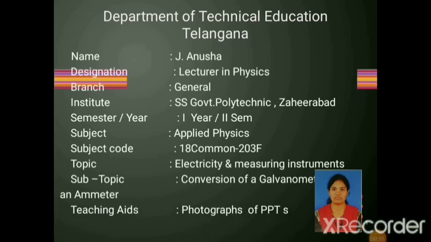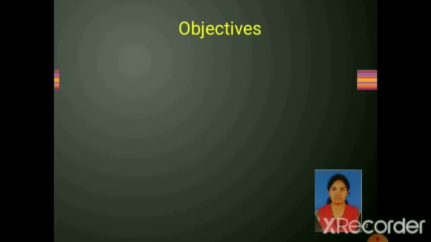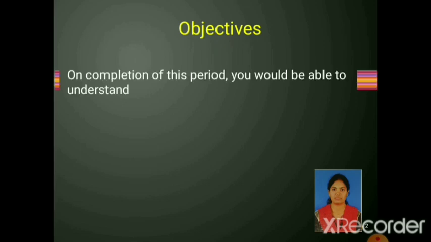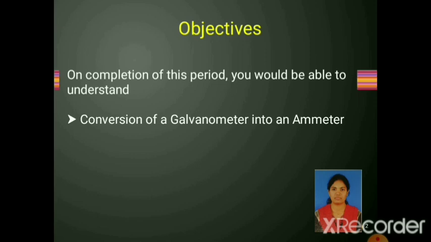We are using a small PowerPoint presentation with the help of pictures. The main objective of today's class is, on completion of this period, you will be able to understand the conversion of a galvanometer into an ammeter.